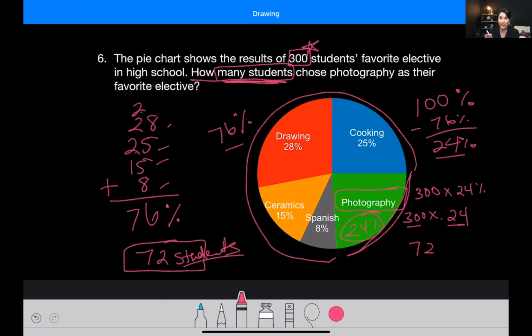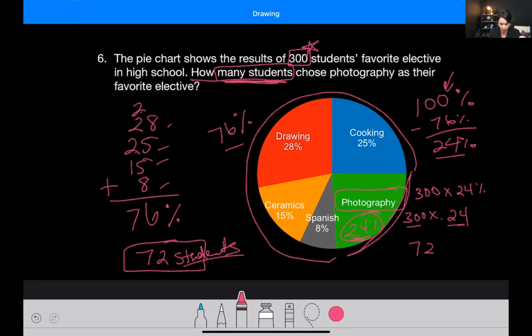So just to recap the steps, I looked at my pie chart. I know I'm dealing with 100, okay? I have 300 total students. I'm trying to figure out how many students chose photography. Well, first I have to figure out the missing percentage. So I add up all the percentages I know. 28 plus 25, drawing is 28, cooking is 25, plus 15 for ceramics, and plus 8% for Spanish.